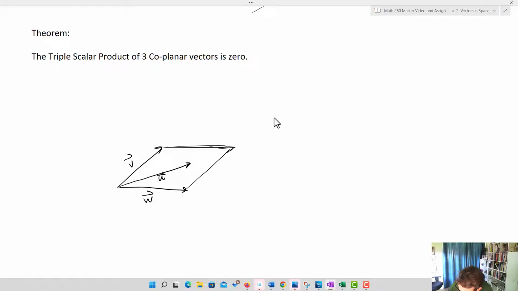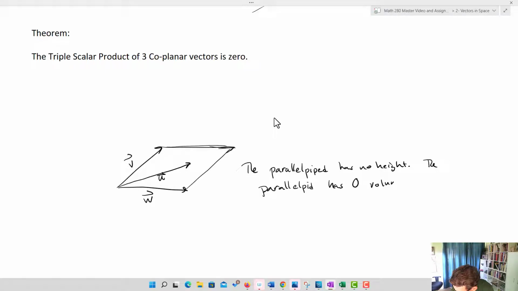Now what happens here is notice the parallelepiped has no height. And since the parallelepiped has no height, it has no volume.